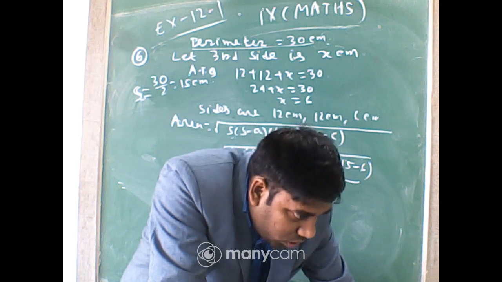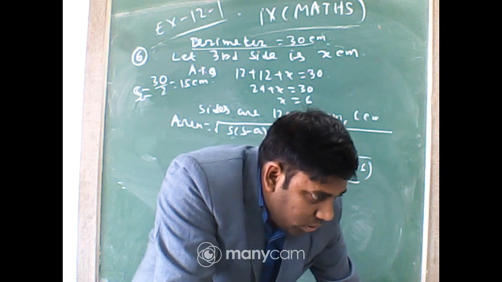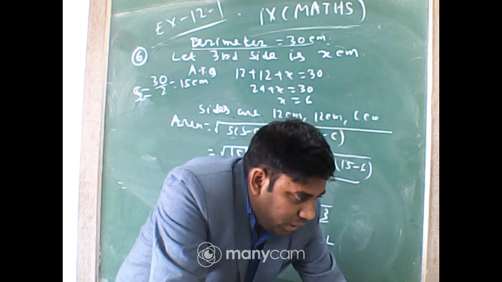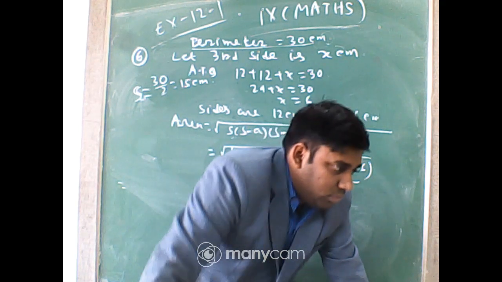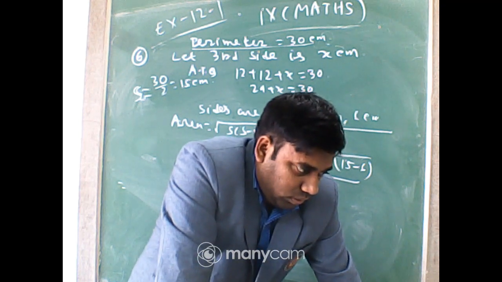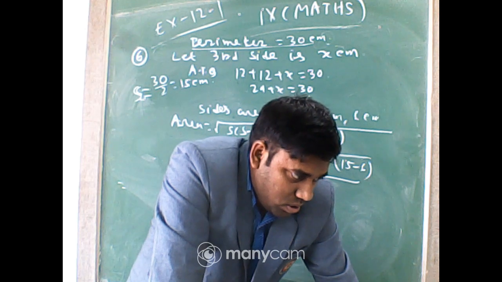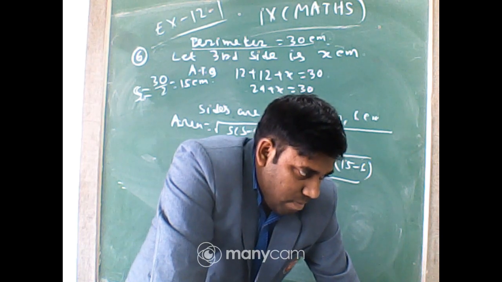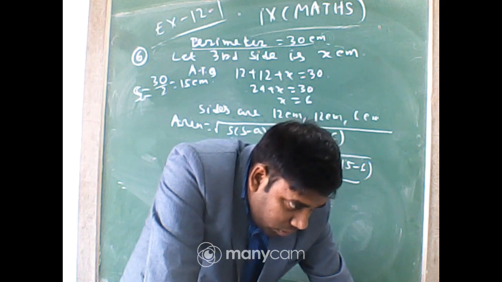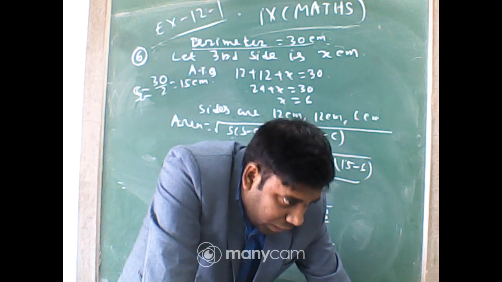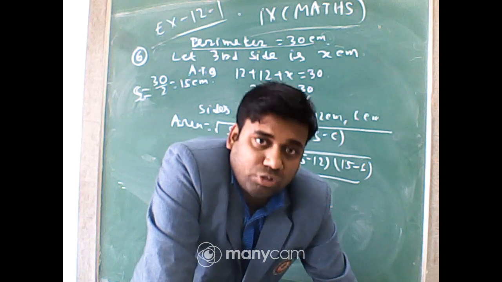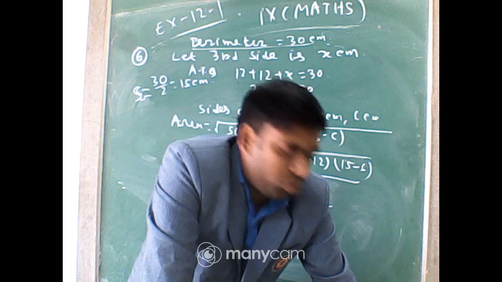Root 3 by 4. Root 3 by 4 into a. Yes, root 3 by 4 into a square, root 3 by 4 into side square.